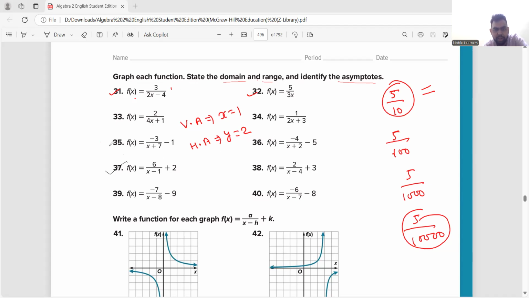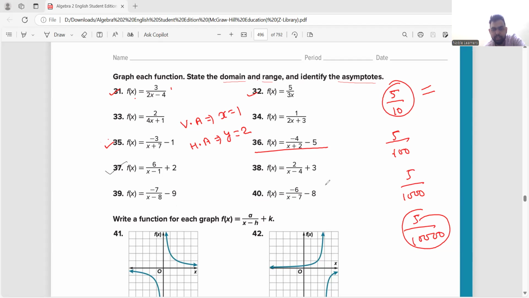For 36, correct. For 35, your answer is correct for this one. Well done. Y equals minus 1, correct. For this one, we already have. Okay, 38, 39, 40. Y equals 3.